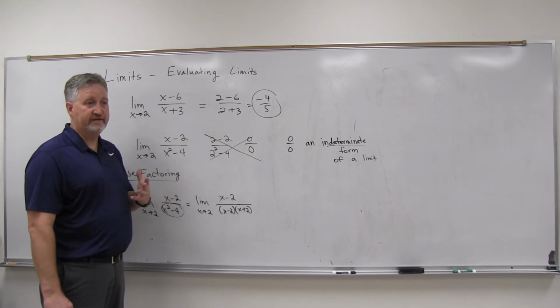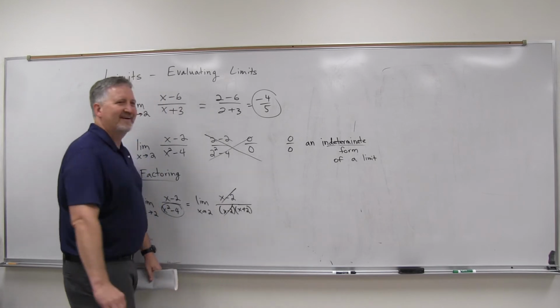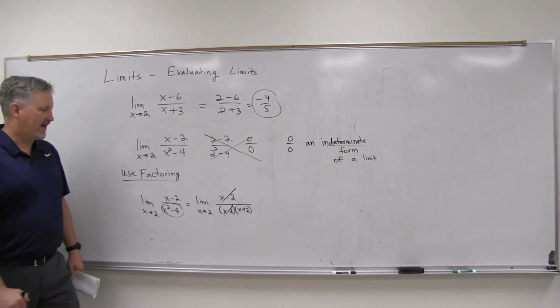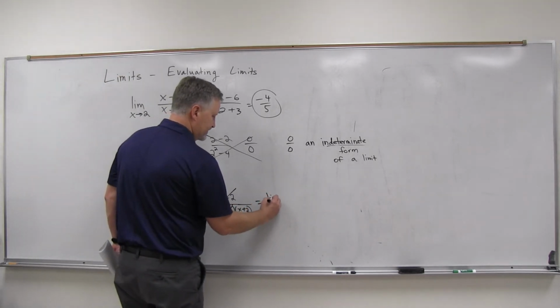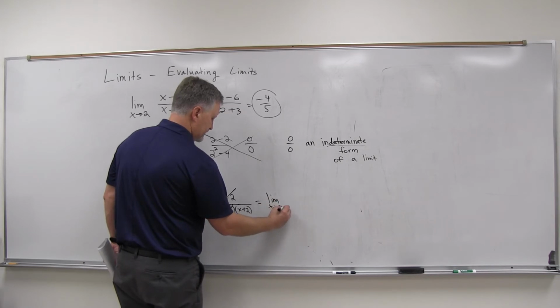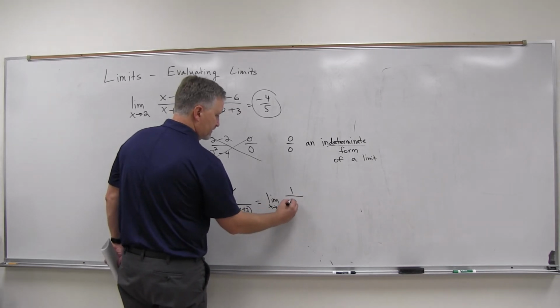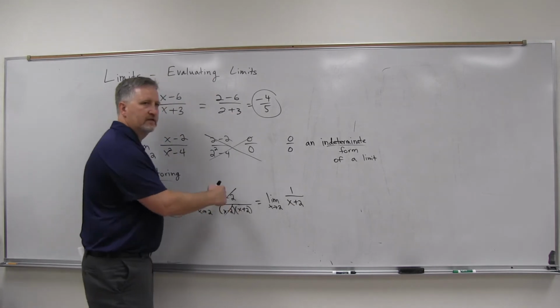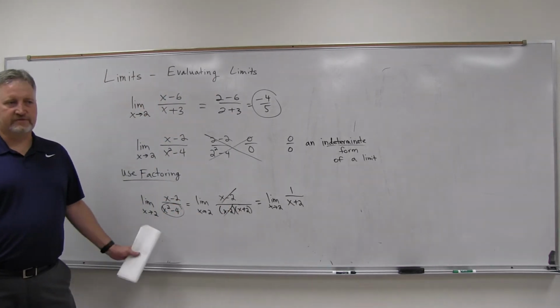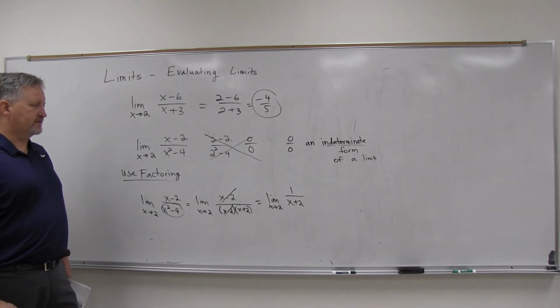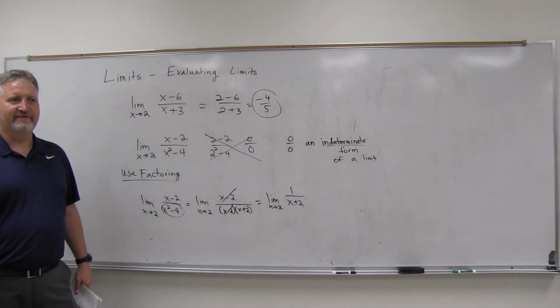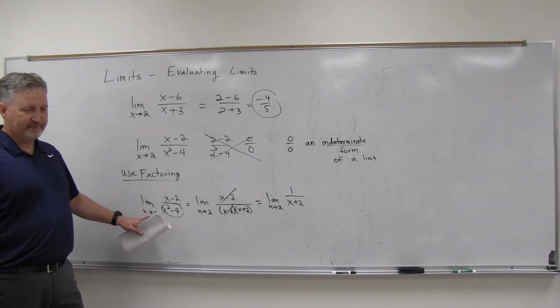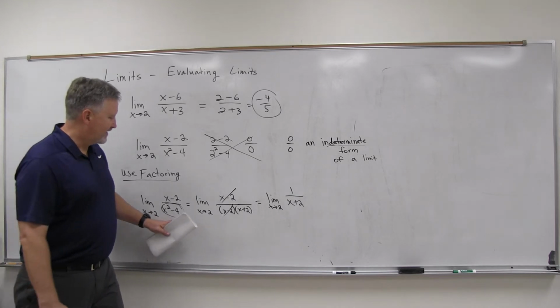So let's cancel those out. If we cancel that out, what does that make our limit? The limit as x approaches 2 of 1 over just x plus 2. The top has canceled all the way out, so what remains is 1 over x plus 2. I've changed the appearance of this limit.